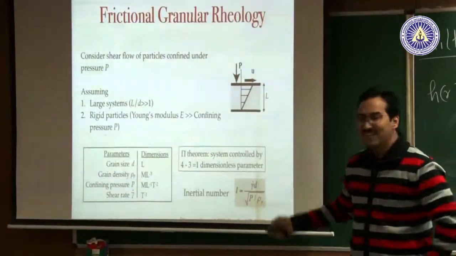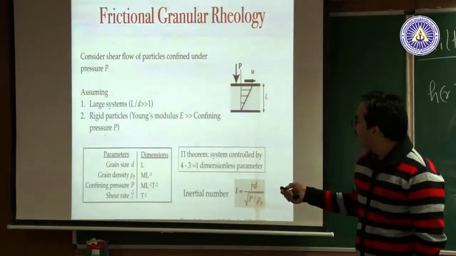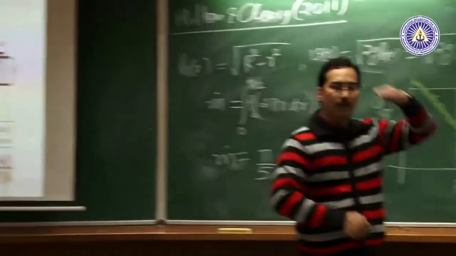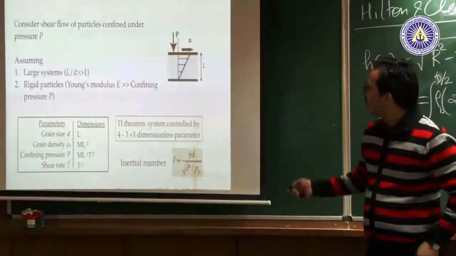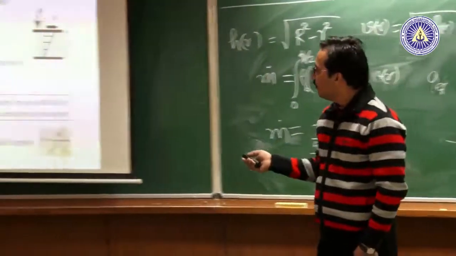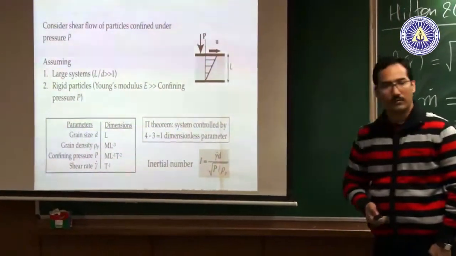You are not bothered about the system thickness, which you would expect for any realistic rheology. The other assumption is that your particles are rigid, which means when you are applying pressure, your confining pressure is much smaller than the Young's modulus of the material, which seems to be valid in most of the cases that you will typically deal with in industrial or real life scenarios.